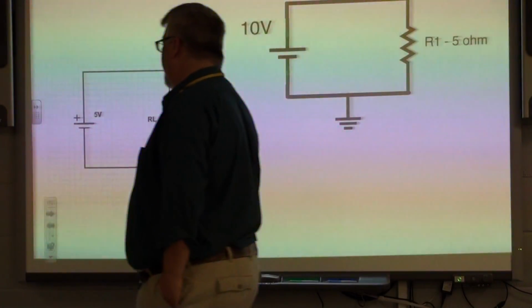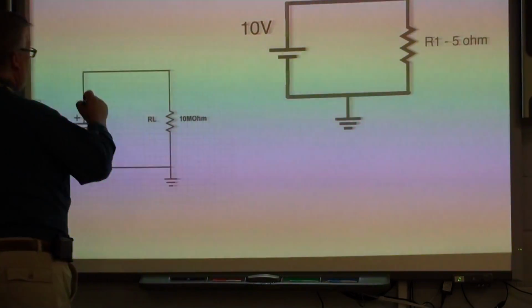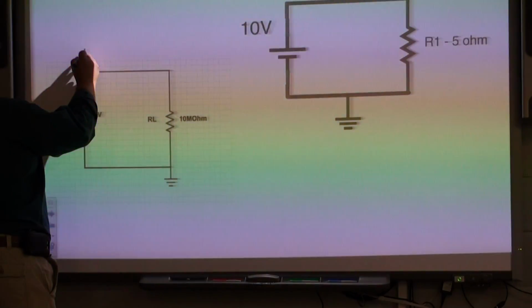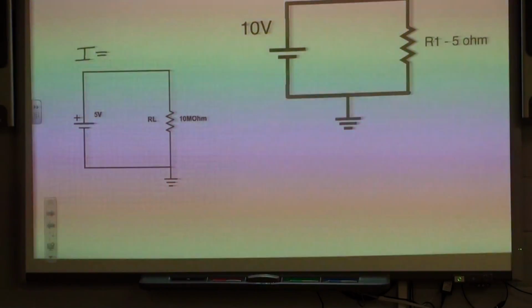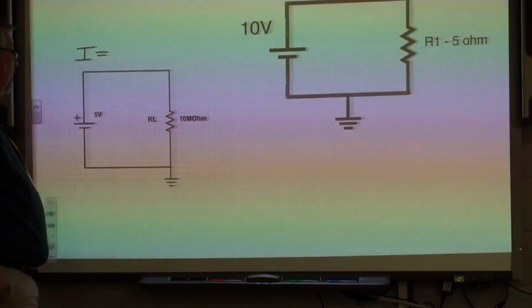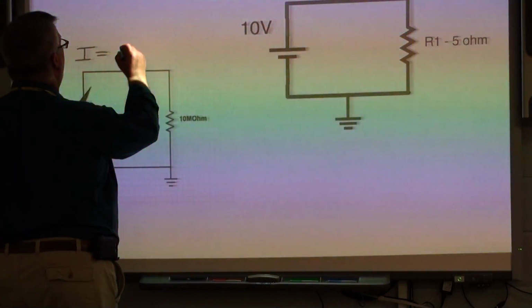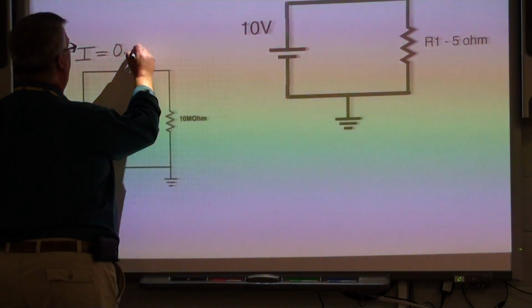Here we go. We have 5 volts, 10 mega ohms. What is I equal to? 0.0000005, how many zeros?